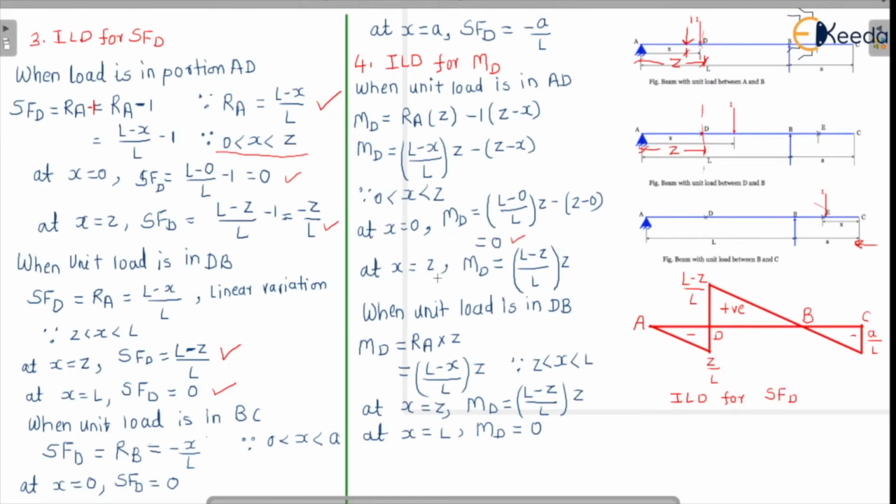And when we substitute X equal to Z, then MD equals L minus Z by L into Z. So we are getting this value.